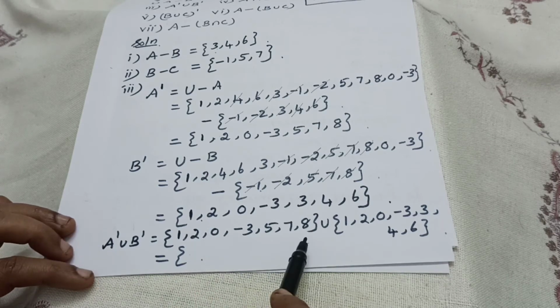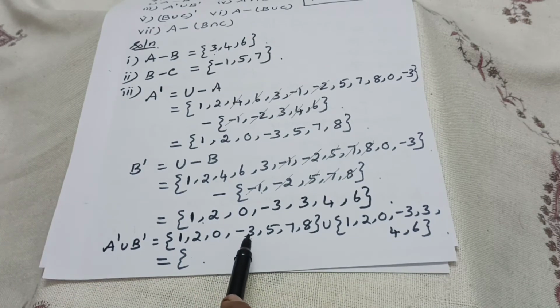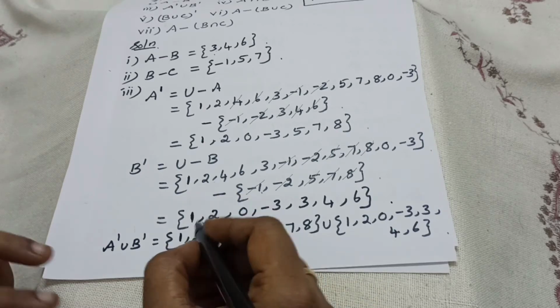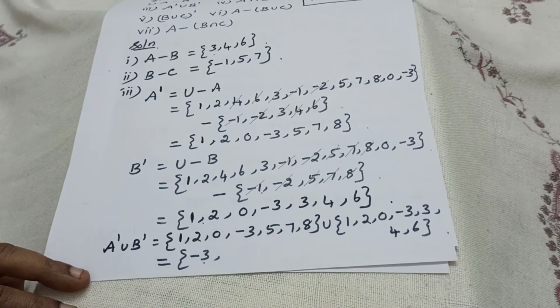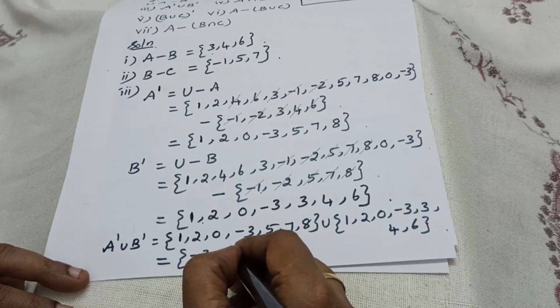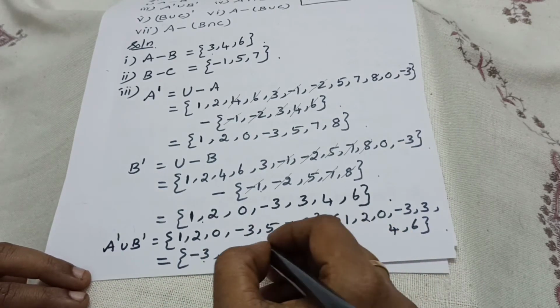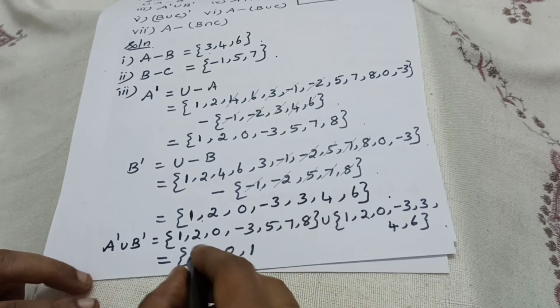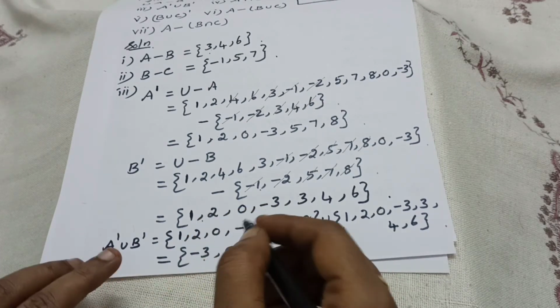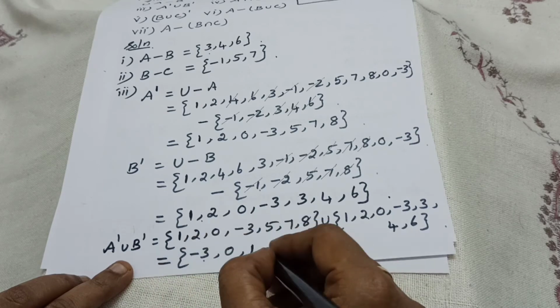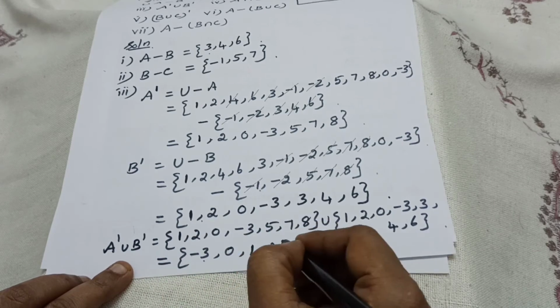Okay, then shall we arrange these numbers? First we have to write minus 3. Okay, minus 3 both also available, so minus 3 we have to write. Next number is 0. Shall we write 0? The next one 1. Any negative value? No, isn't it? Next value is then 1, 2.